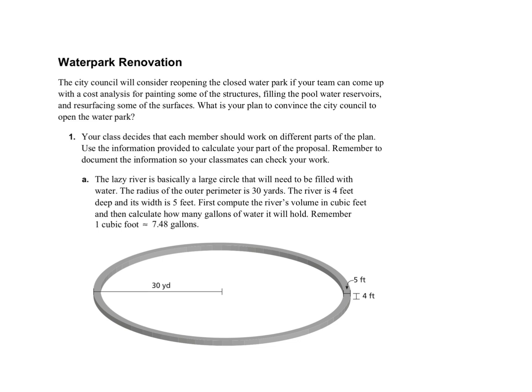Also remember that the radius goes to the outside of the ring, so you're going to have to find the radius to the inside of the ring and then find the volume using the volume of a circle or a cylinder, using the measurements given, and then find out how many gallons that will hold. Later on you'll find the cost per gallon and figure out the total cost of doing this.